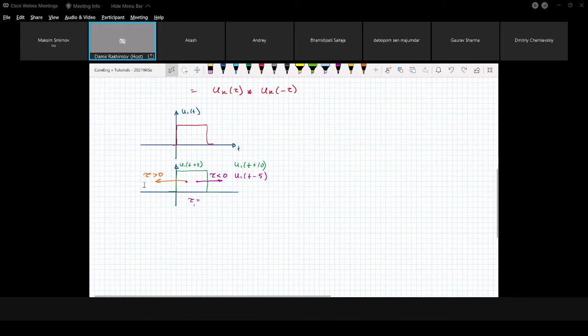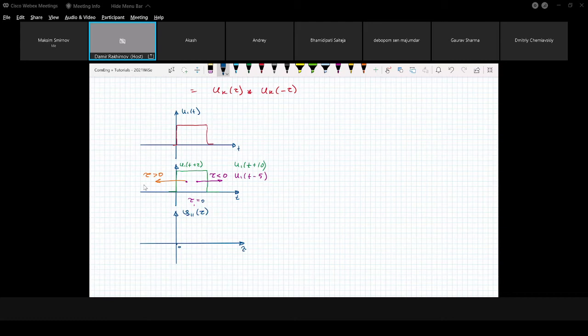And maybe below I will plot the resulting correlation, as a function of delay. We denote it as phi 11 tau. So when delay equals 0, it corresponds to our pulse matching exactly our original signal.